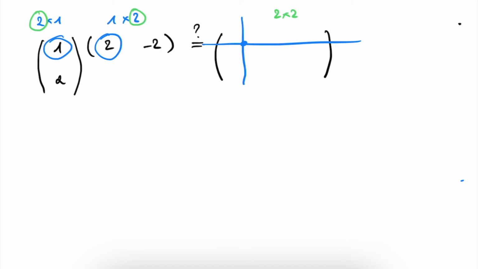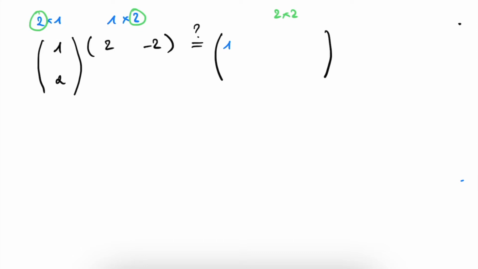This might seem odd at first because I only encircled 2 numbers, but that's quite simply the case because this matrix only has 1 column, so the first row will only be 1 number, and this matrix only has 1 row, so the first column will only be 1 number. So this makes it very simple, because what we need to do now is multiply this number with that number, and we're done already.